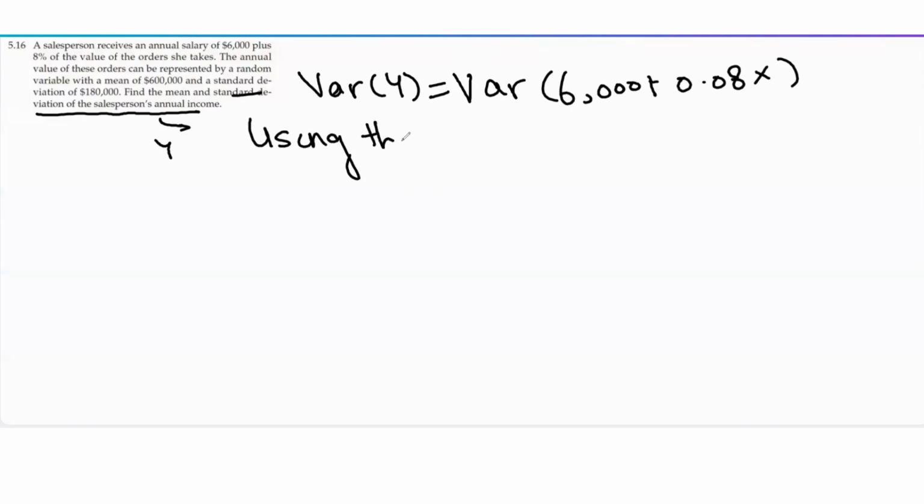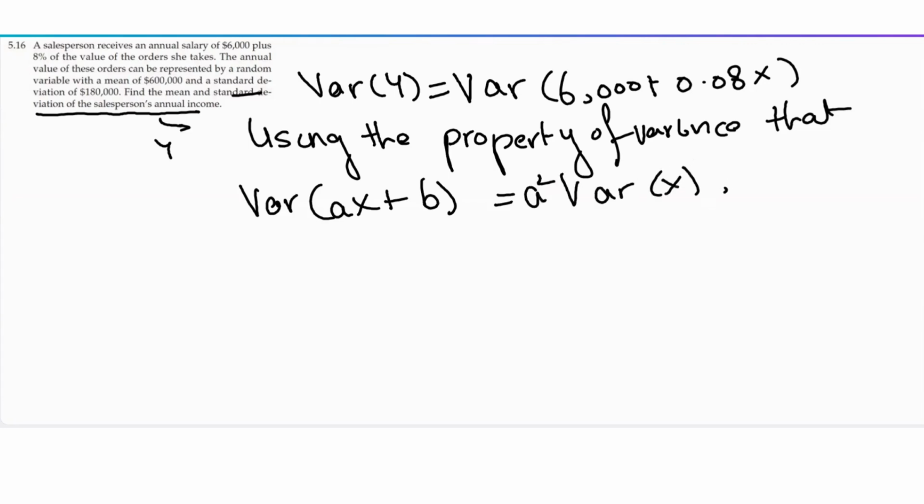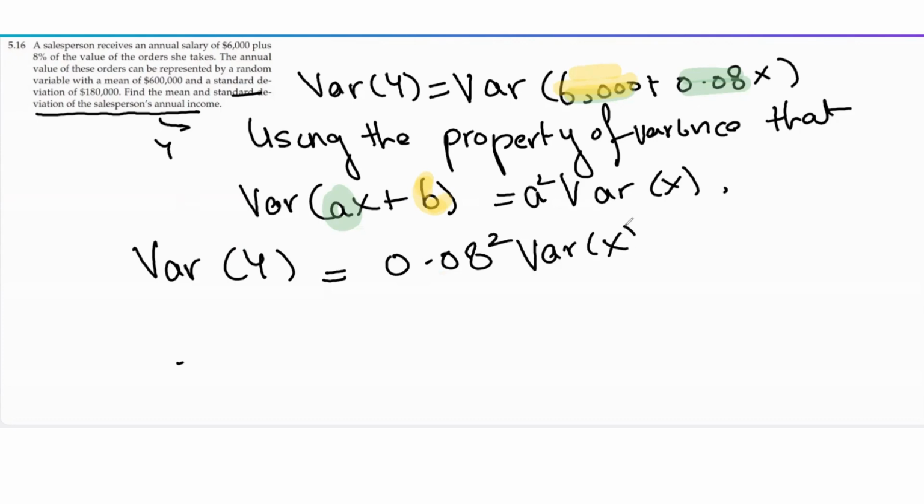Using the property of variance, the variance of aX plus b is equal to a squared times the variance of X. Here a is 0.08 and b is 6,000. So the variance of Y is 0.08 squared times the variance of X.